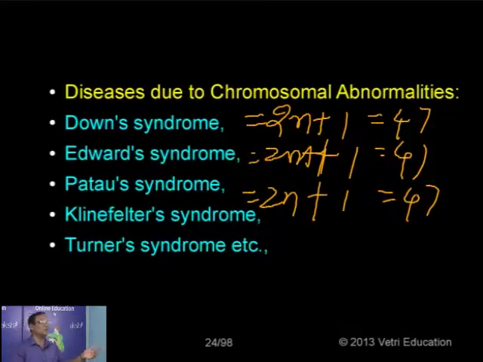So Down syndrome, formerly called Mongolism, in all cases involves mental retardation. In Edwards syndrome, the head is very small, and the back region of the head is enlarged. The earlobes are very small, a micro condition.